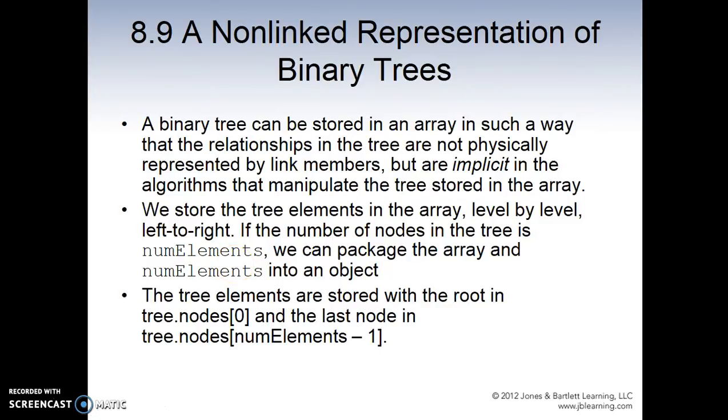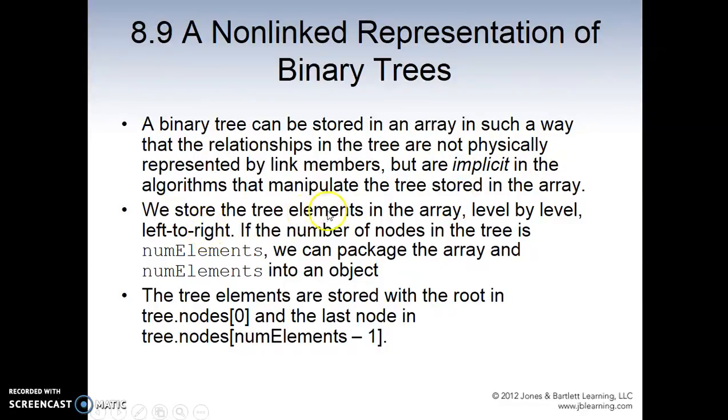Now this section is talking about, besides using the linked list to create the BST, we can also use the array approach to build the BST. The relationships in the tree are not physically represented by linked members, but are implicit in the algorithms that manipulate the tree stored in the array.